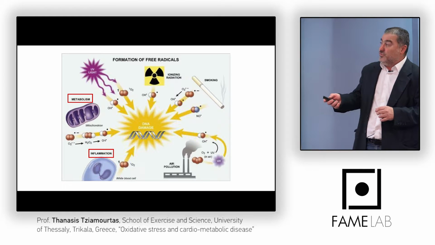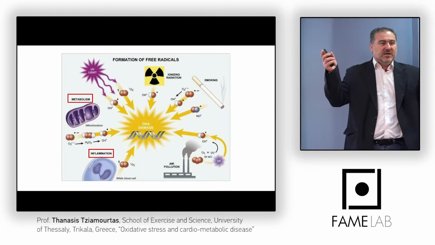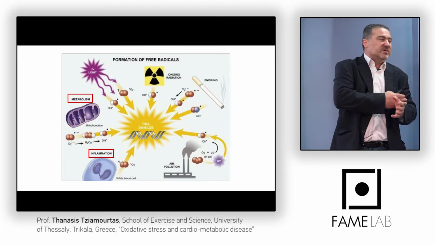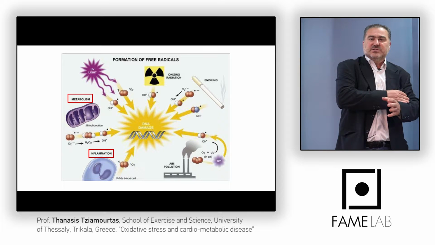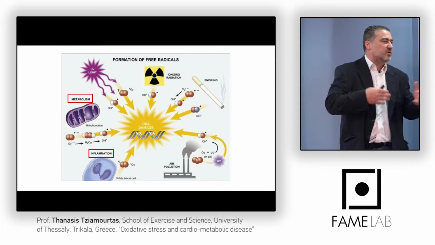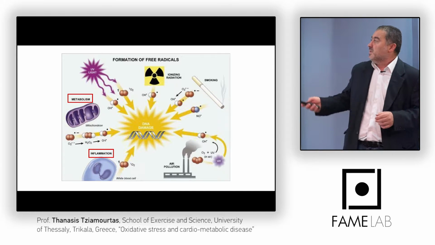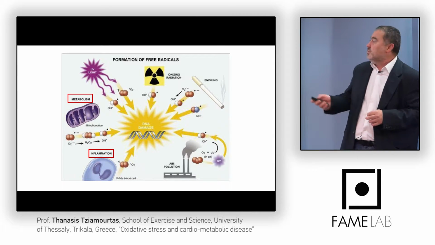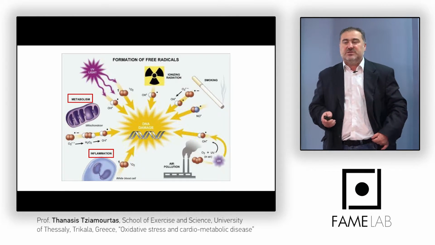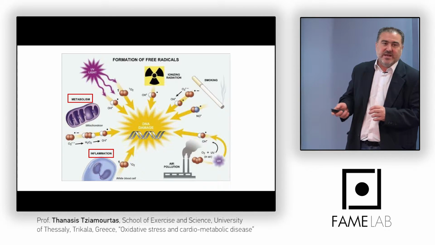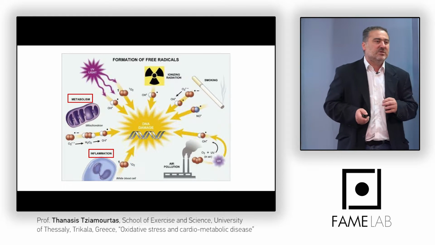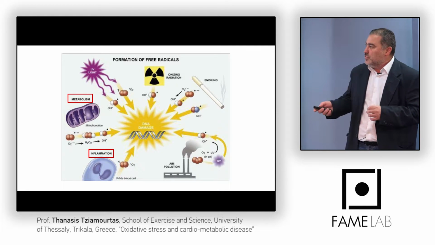UV light, for example: if we stay in the sun for a long period of time, the UV light is going to damage the skin cells, and that is when we get a rash and sometimes a major burn. Ionizing radiation, smoking, or air pollution are other ways of forming free radicals, and we have two more ways: metabolism and inflammation, which we're going to look at later on.